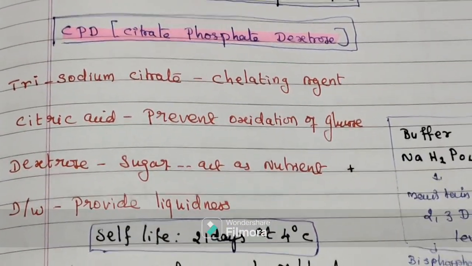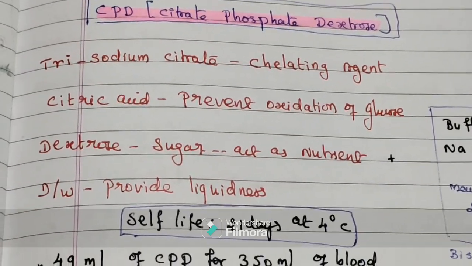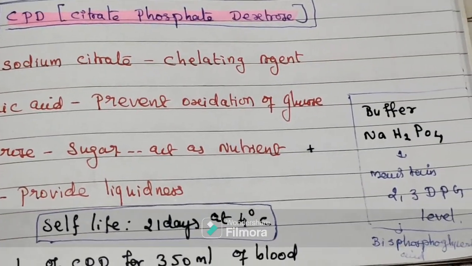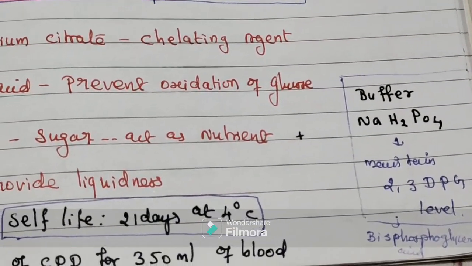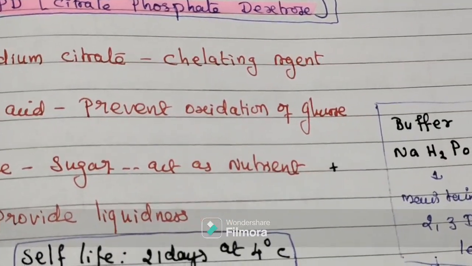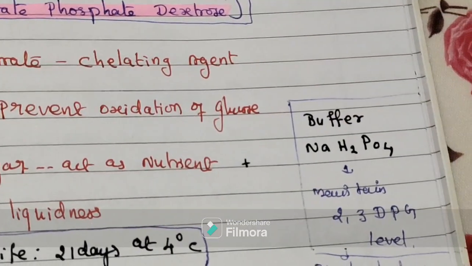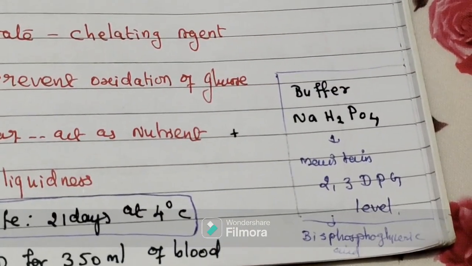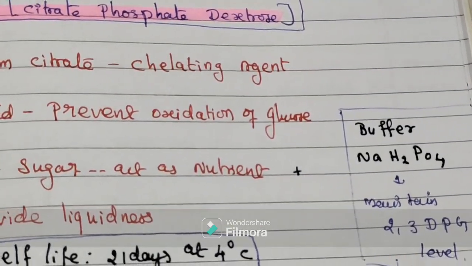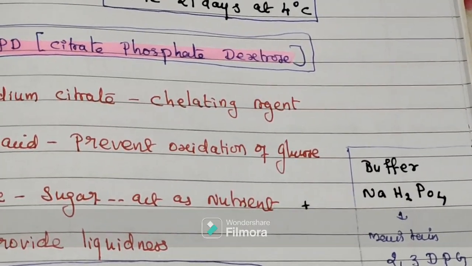Another is CPD, citrate phosphate dextrose. It contains trisodium citrate, citric acid, dextrose and distilled water. Here, compared to ACD, we add a buffer, sodium dihydrogen phosphate, which maintains the 2,3 diphosphoglyceric acid level. During carbohydrate metabolism, lactic acid is formed and decreases the pH of blood.